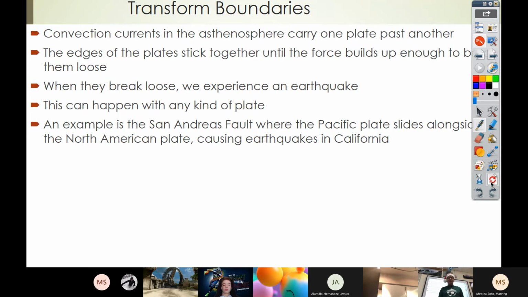This can happen with any kind of plate. It could be ocean with ocean, continent with ocean, or ocean with continent. An example is the San Andreas Fault, where the Pacific plate slides alongside the North American plate, causing earthquakes in California. So let's see, features is basically just the earthquake and, I suppose, an earthquake fault.